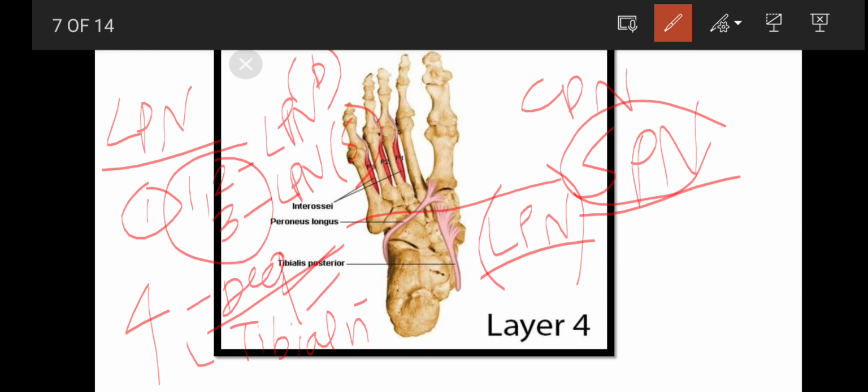It is not wholly supplied by a single nerve. There is a combination of medial plantar nerve and lateral plantar nerve, and you have to understand that they are the branches of tibial nerve. Tibial nerve divides into medial plantar nerve and lateral plantar nerve. So that is all about the muscles of the layers of the sole and their nerve supply. Thank you.